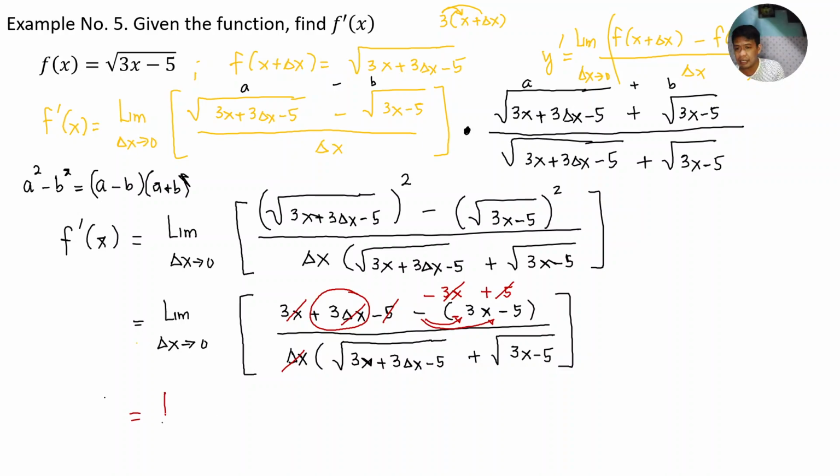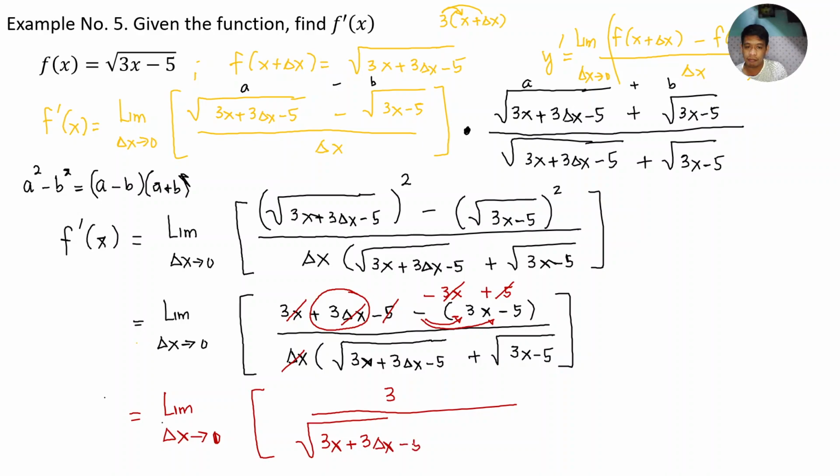Giving us limit as delta x approaches 0 of 3 in the numerator all over the square root of 3x plus 3 delta x minus 5 plus the square root of 3x minus 5.